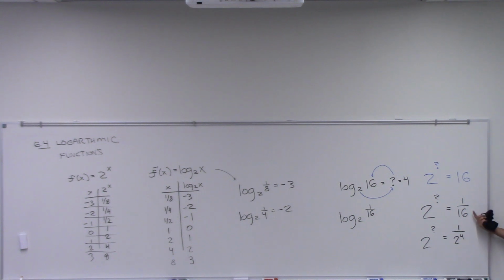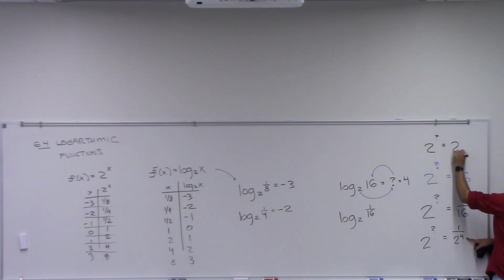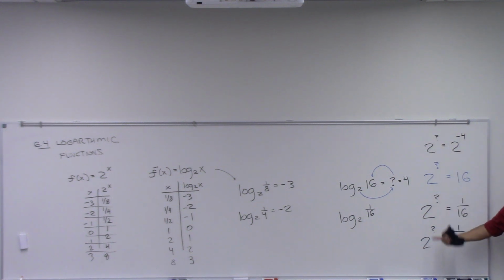So 2 to some power equals 1/16, and I can rewrite that as 2 to the -4. And now these two have to match, which means your answer is -4. Y'all kind of getting this? Questions?